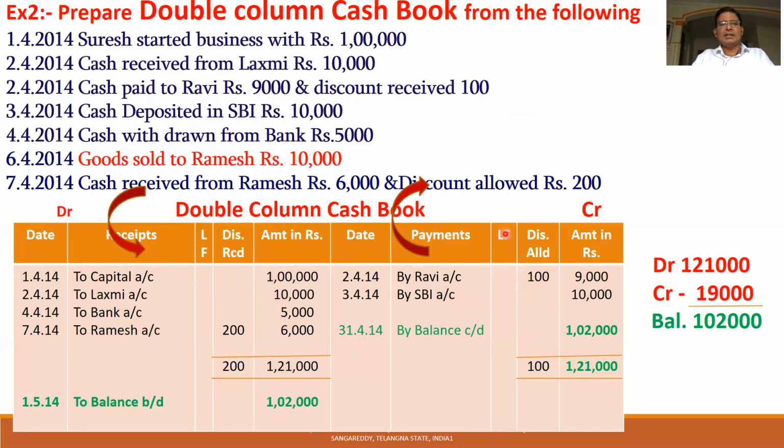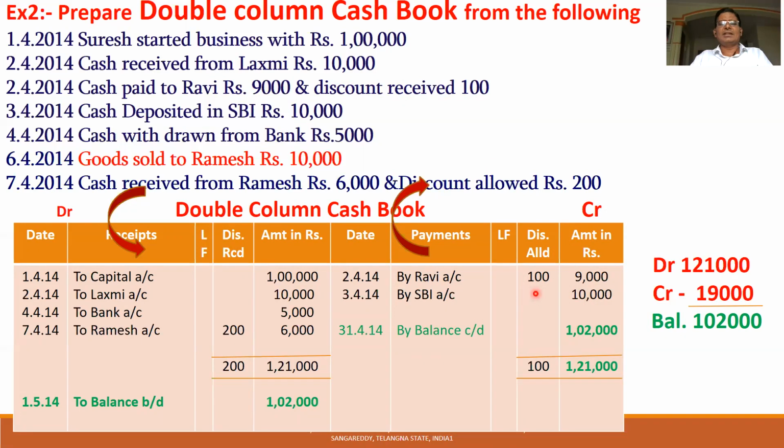When cash was paid, he allowed a discount of 100. Usually, the discount account follows the cash account. When payment is made to Ravi, this is credited. Obviously, the discount given by Ravi is also credited, because the discount given by Ravi is a discount received by us.